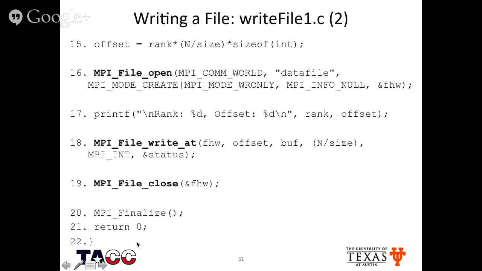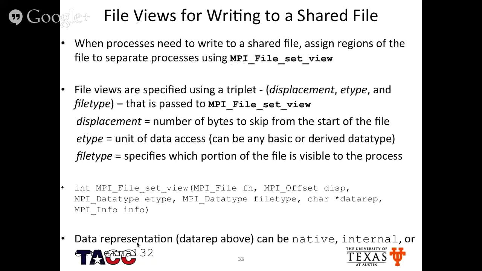Let me go back to file set view. You see this argument here, char star data rep. That's the one for native, external 32 and other things. So for the remote audience, I made a mistake while I was talking. I wasn't mindful that I was mixing names. I was actually talking about data representations when I mentioned native, external 32 and the internal formats of writing the data. So that's about it.